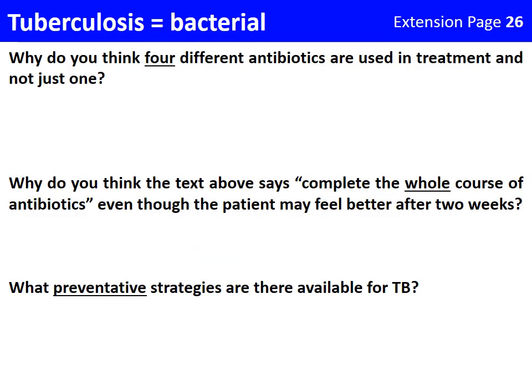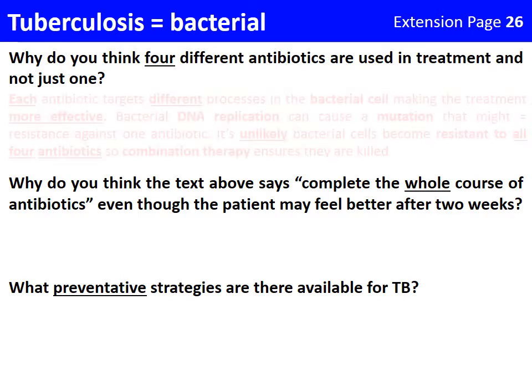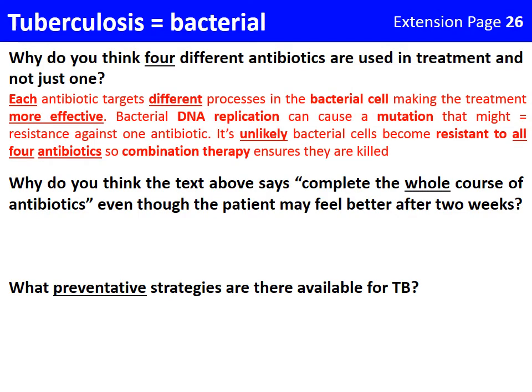So when we treat tuberculosis, we actually use 4 different types of antibiotic during the combination therapy, and not just one type. So why do you think this might be important? Well, each of the 4 different antibiotics actually targets a different process inside the bacterial cell. Now, we know bacteria are prokaryotic, so these different antibiotics can target, for example, translation, and that would occur at the 70S ribosomes in the cytoplasm of the bacterial cells.